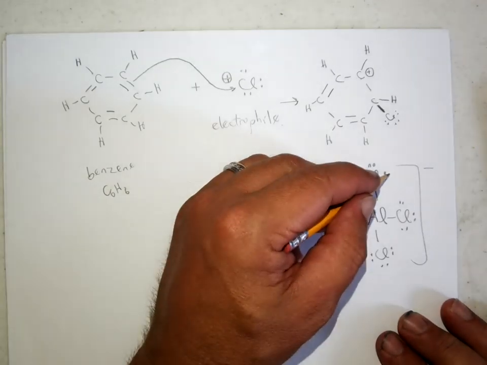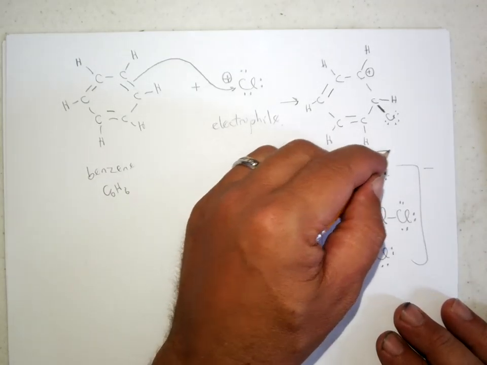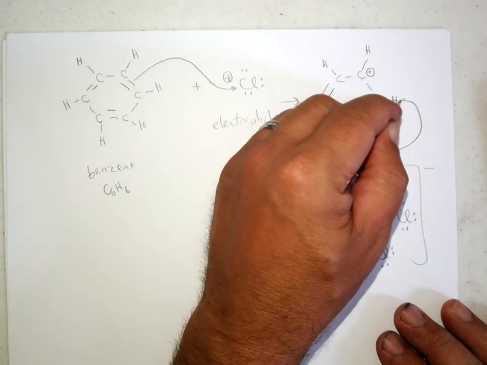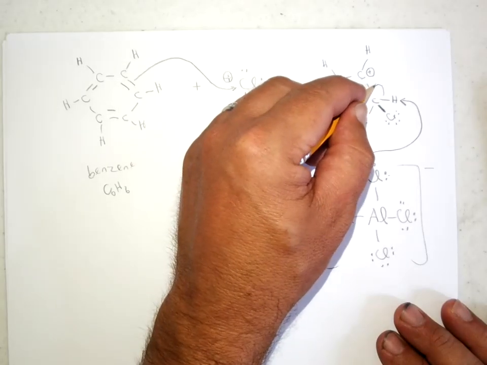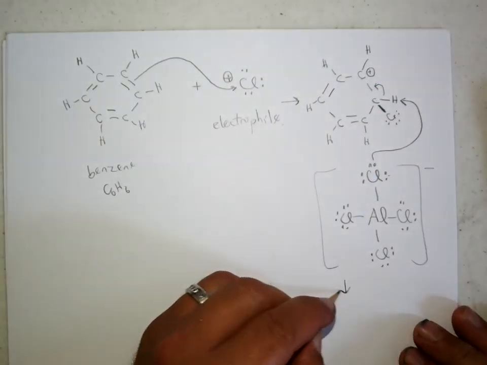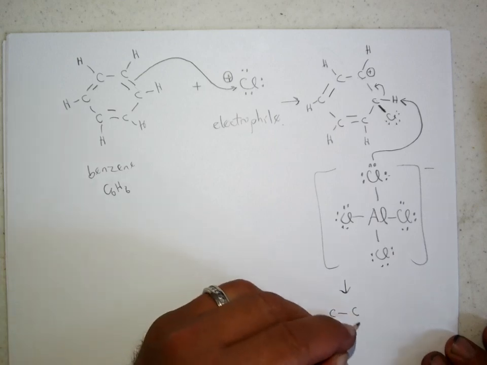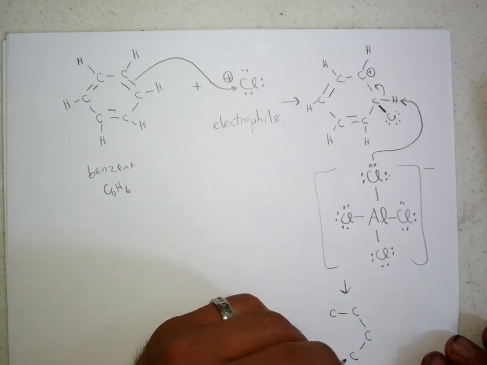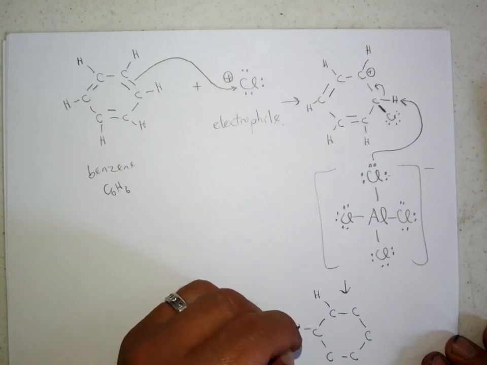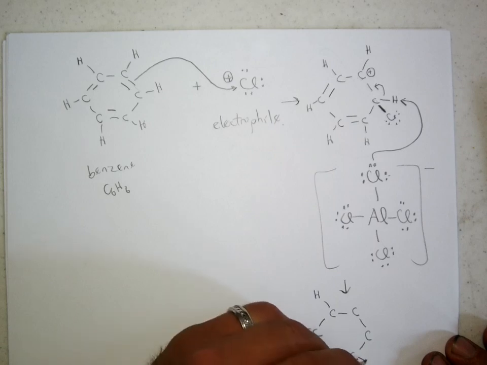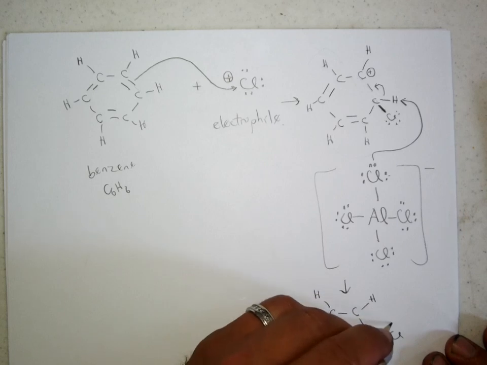And so one of the chlorines here is going to take its lone pair, go pluck off this H plus, and that allows us to reform the pi bond. And so rather than having benzene with 6 hydrogens on it, we have chlorobenzene, which will have 5 hydrogens. And we just added a chlorine in the place of one of the hydrogens.